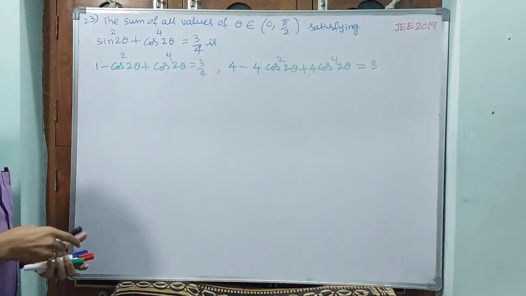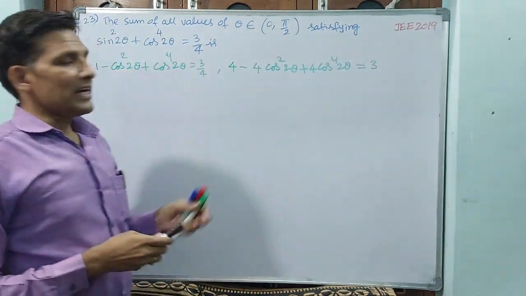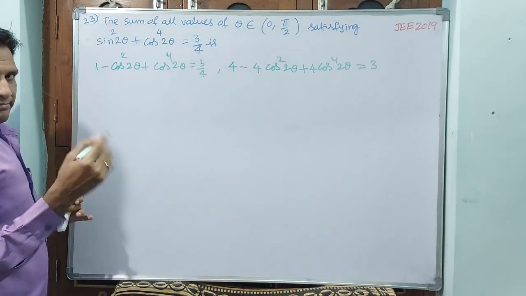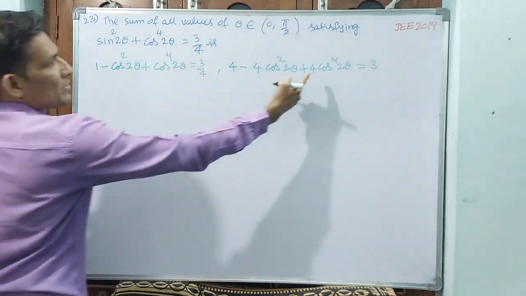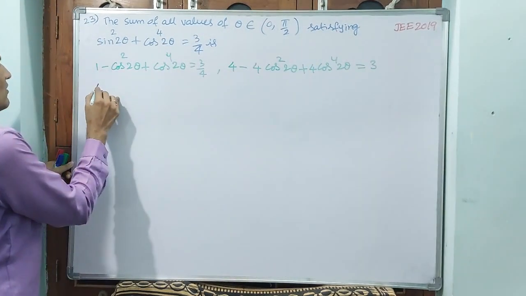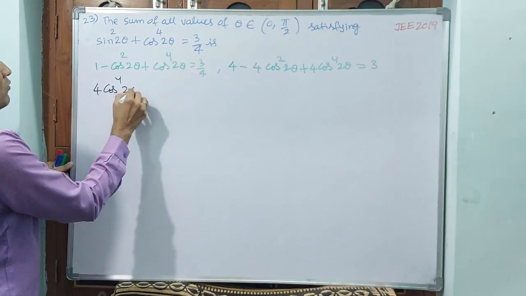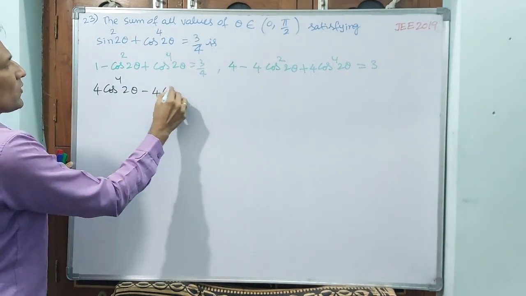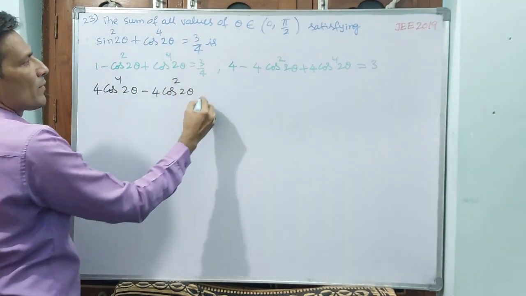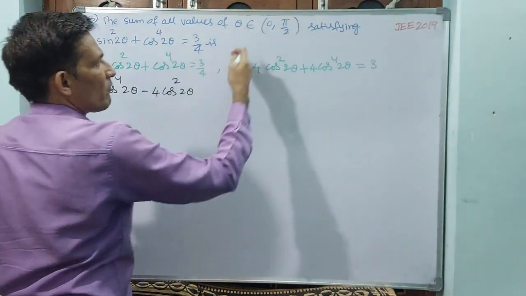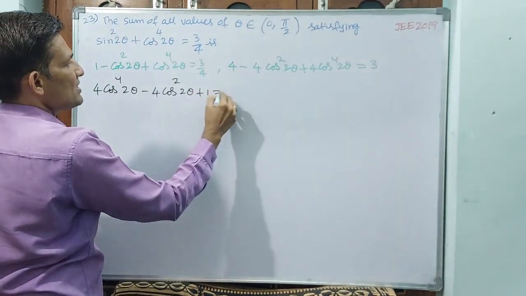Okay, now you set this 3 also this side and make that side equal to 0. That means cos to the power of 4 I am taking first: 4 cos to the power of 4 2 theta minus 4 cos square 2 theta plus 1. Why? Because minus 3 will come means plus 1 is equal to 0.